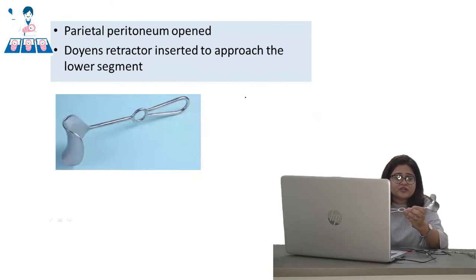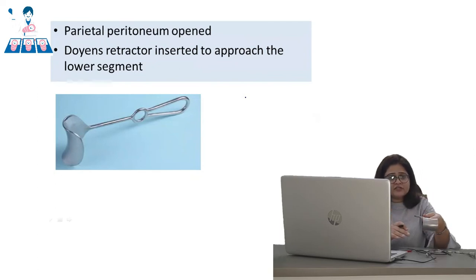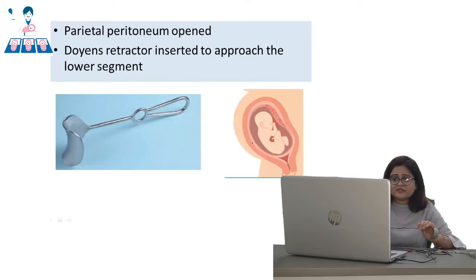It is a relatively atraumatic curved end, and when we insert it into the lower part of the abdomen, it keeps the bladder away from the surgical field and it helps us identify the lower uterine segment. You can see in this diagram, this is the lower uterine segment. In front of the lower uterine segment is the bladder. So once we put the Doyen's retractor, this will keep the bladder away from view, and we'll be able to identify the lower uterine segment.